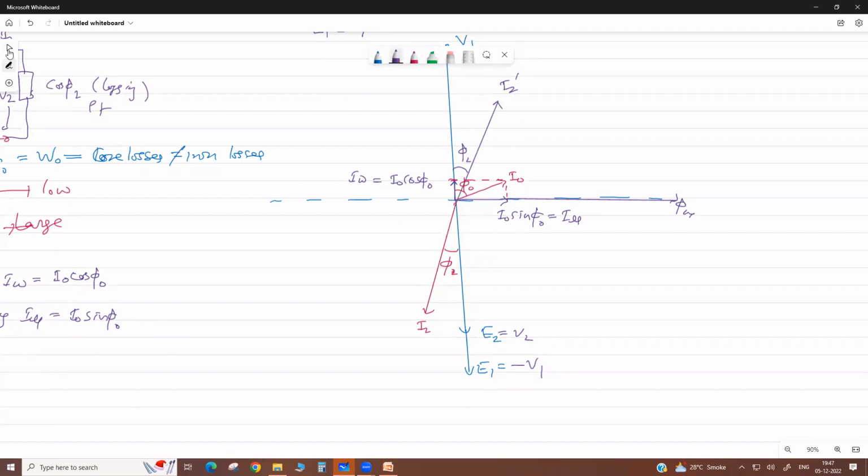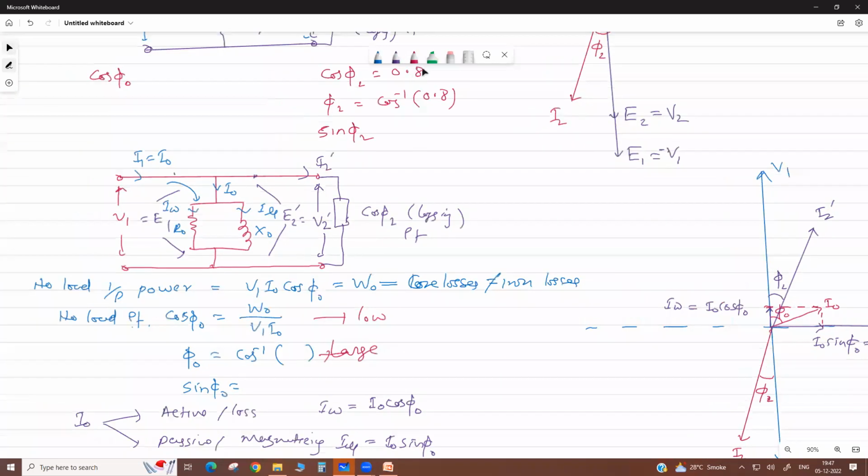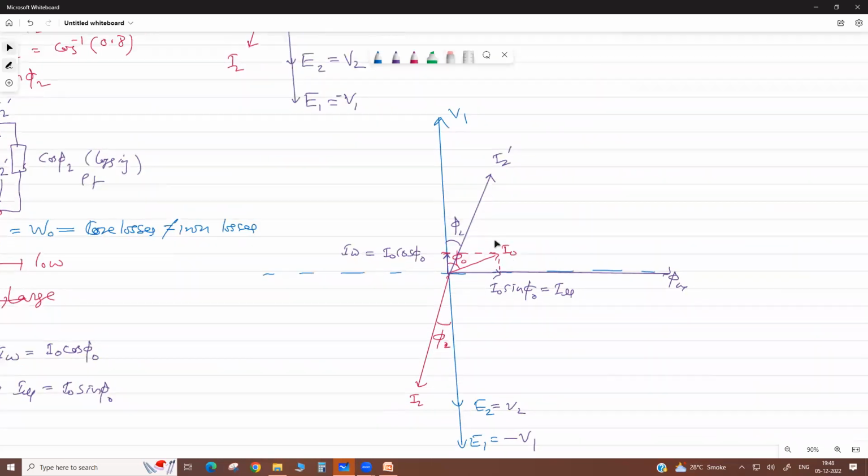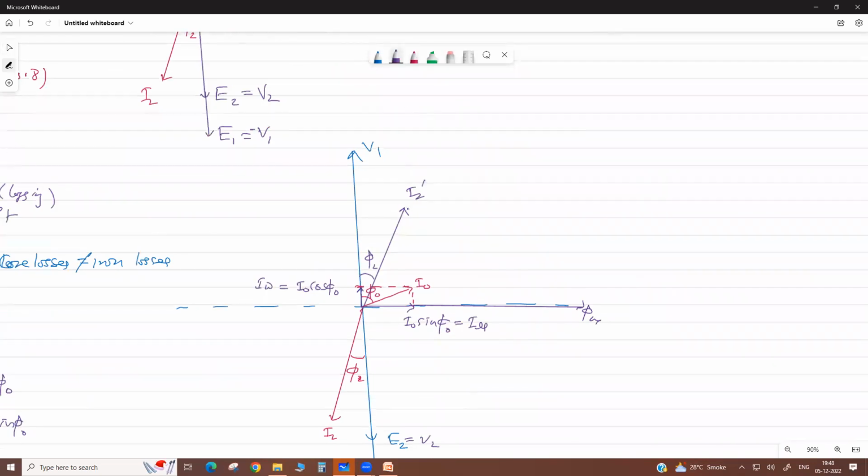Now, my dear, in a transformer, please look here. This is your I2 current or I2 dash. This is the I naught node. Here at this node, this is I1. Now it is not I0, it is I1. So I1 is the vector sum of these two currents. The vector sum of these two currents will be this, your primary load current.